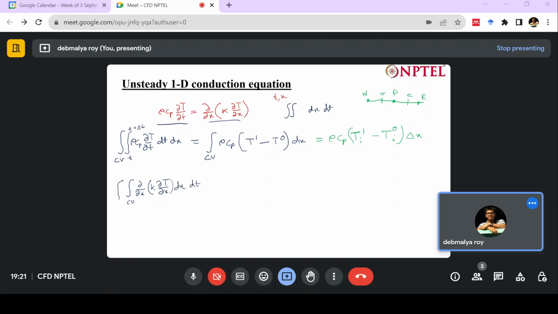Here we will put del del x dx, and the time integral from t to t plus delta t at the end. So this will be simply k dT/dx at the two boundaries, east and west side. Here we will again use that piecewise linear profile assumption so that we get a particular slope for each term.